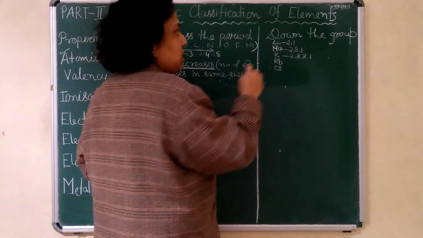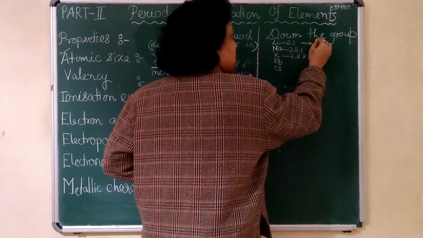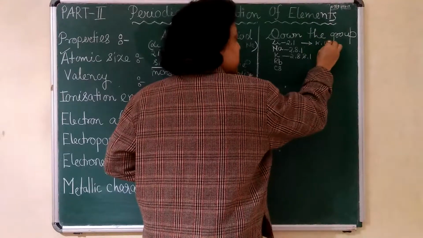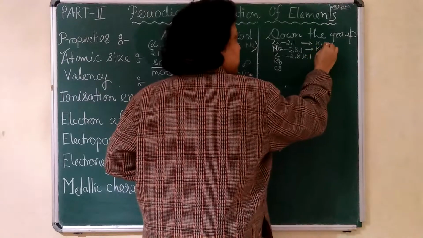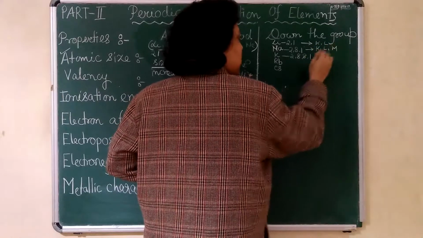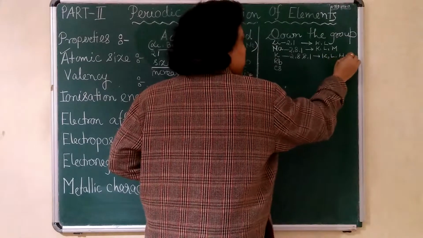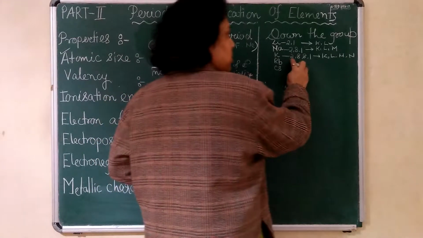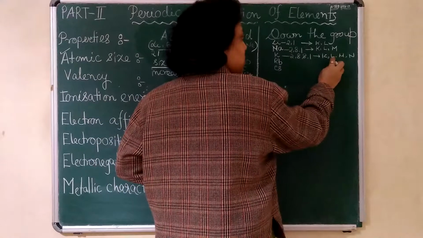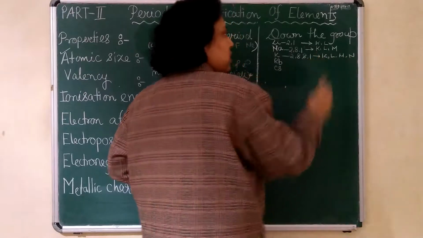Okay. So now here, how many shells? Lithium has the K shell and L shell, 2 shells. Sodium has K, L, M. This one has K, L, M, N. So these are the shell numbers. K shell 2 electrons, L shell 8 electrons, M shell 8 electrons, N shell 1 electron.